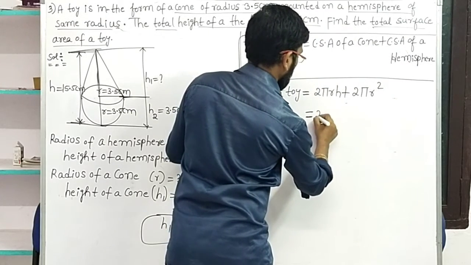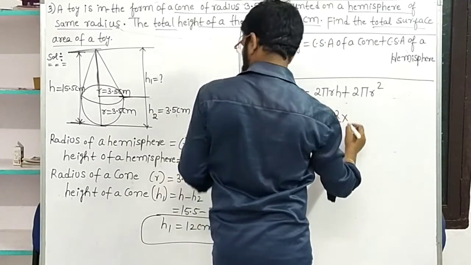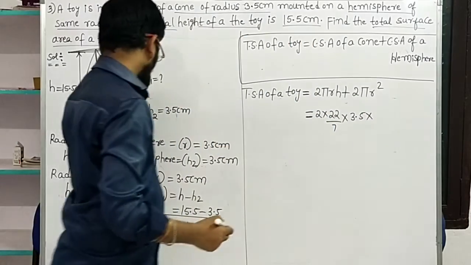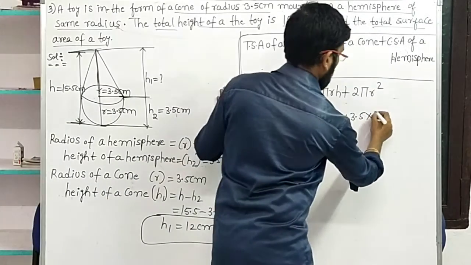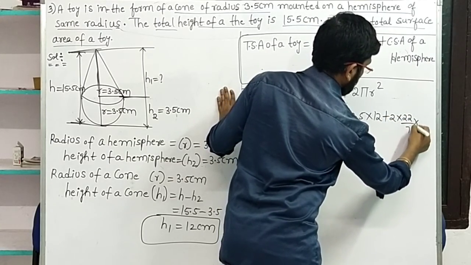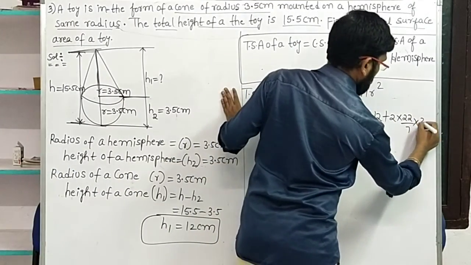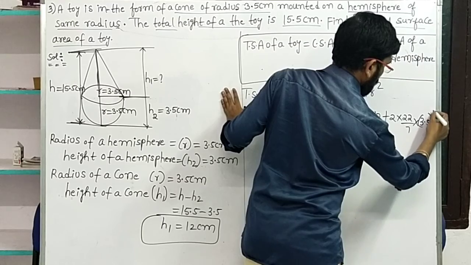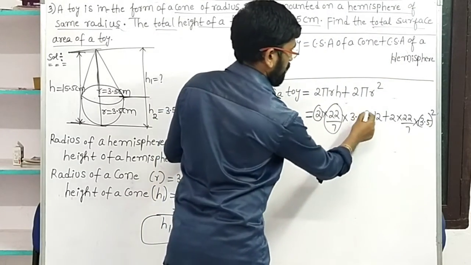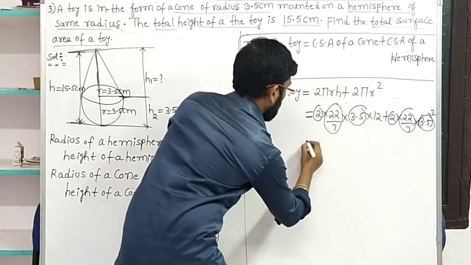That equals 2 into 22/7 into 3.5 into the height of the cone 12, plus 2 into 22/7 into the radius of the hemisphere 3.5 whole squared. Then 2 into 22/7 into 3.5 is taken common.